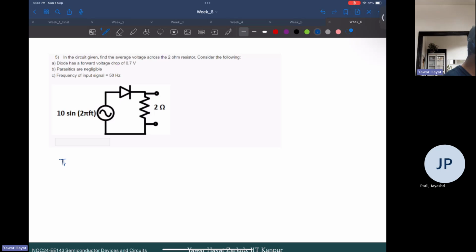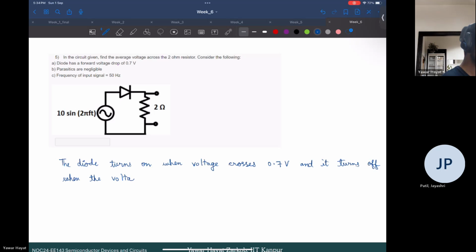The diode turns on when the voltage crosses 0.7 volt, and it turns off when the voltage goes below 0.7 volts. This is what we know.